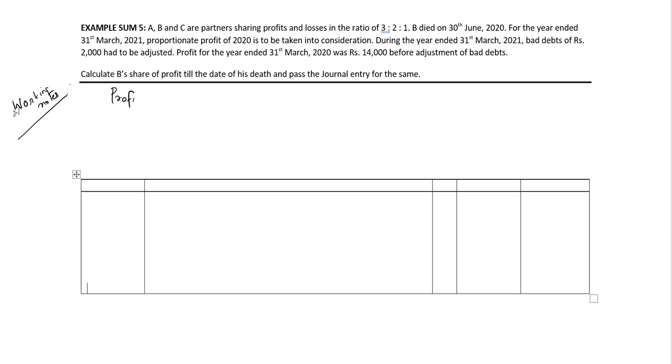Profits for year ended 31st March 2020, as per the problem, is given as rupees 14,000.